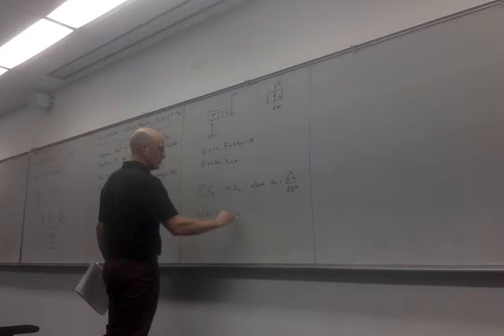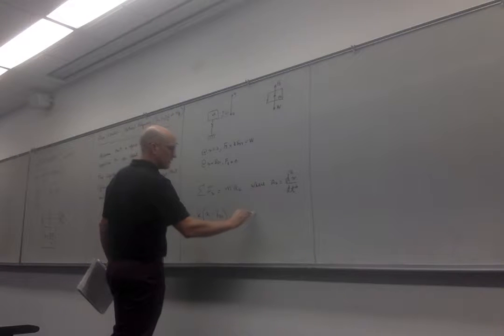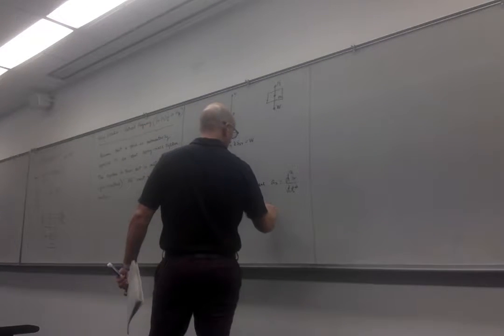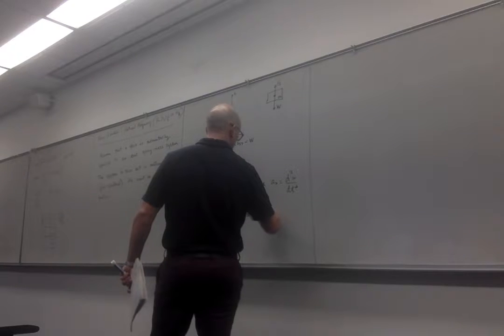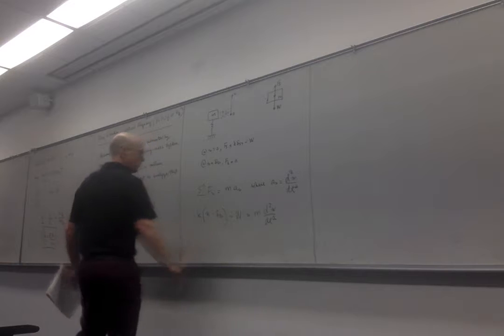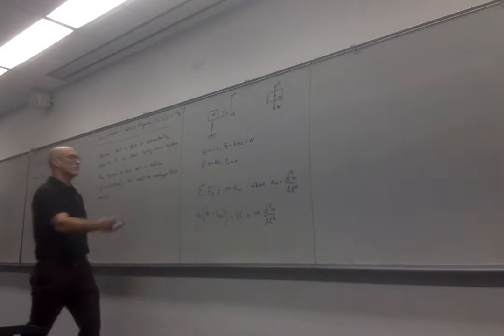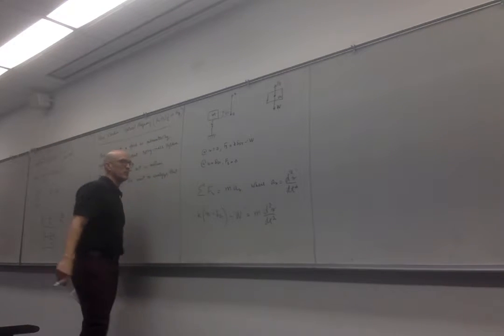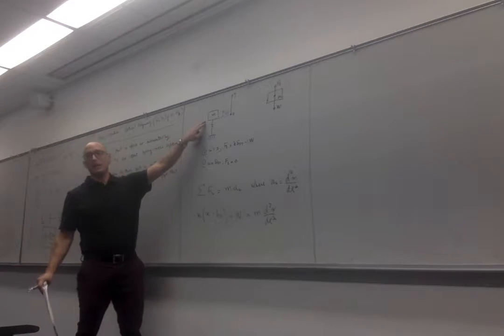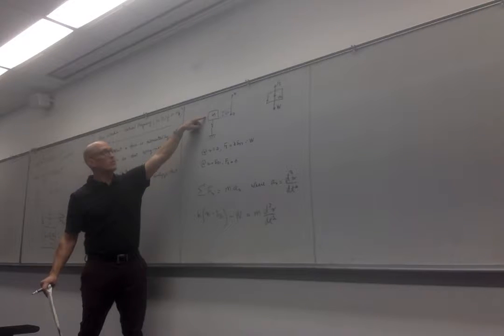So this will be minus the weight. All of this equals the mass times acceleration, m d squared x dt squared. Maybe I should have written this first. If we look at this now, this might illustrate these two things a little bit better. Obviously, if there's no mass here, the spring is going to sit right there.